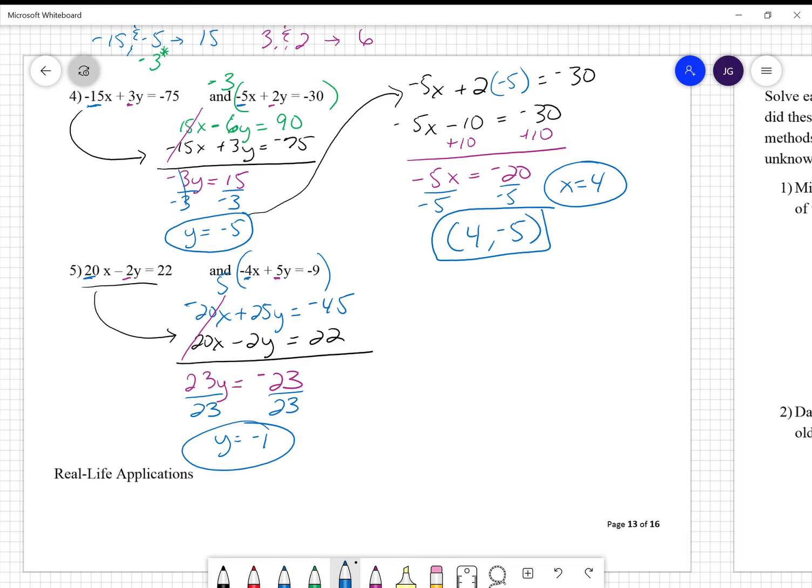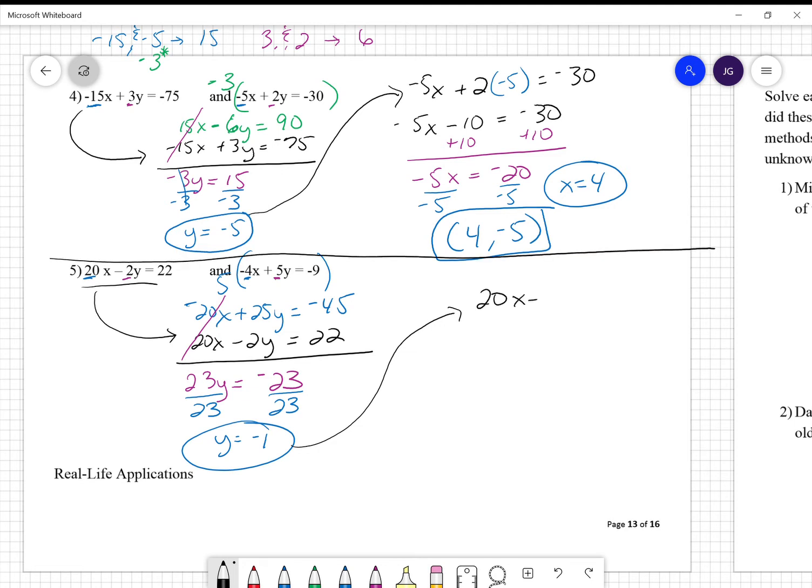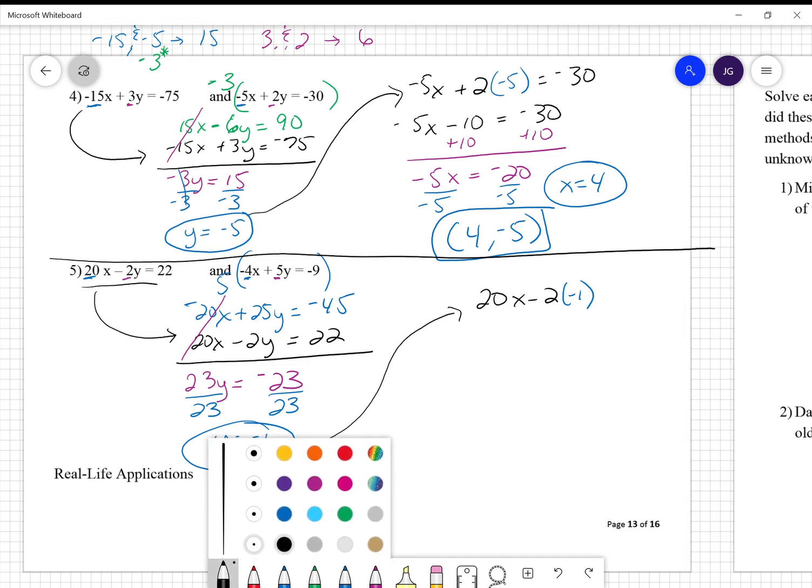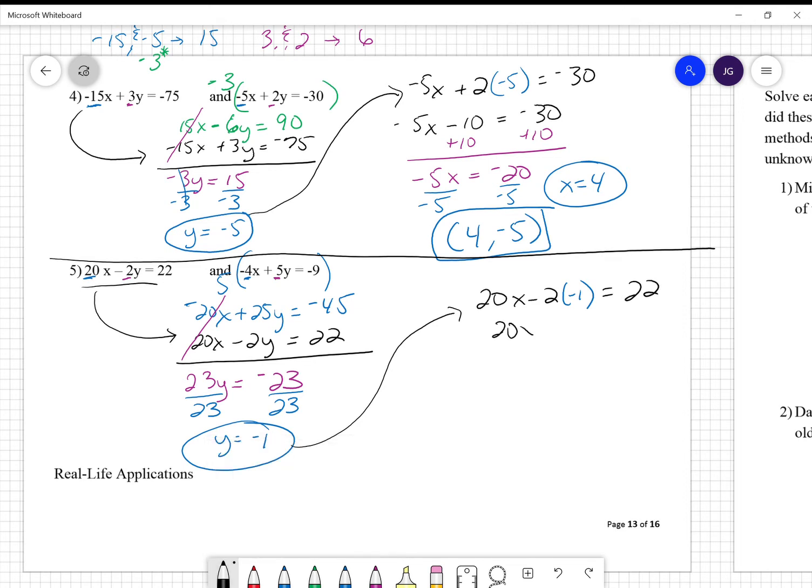Okay, I'm going to plug y into the first equation. Again, it doesn't matter. I just picked one I thought would be easier. So 20x minus 2, instead of y, I'm going to write negative 1, equals 22. 20x plus 2 equals 22.